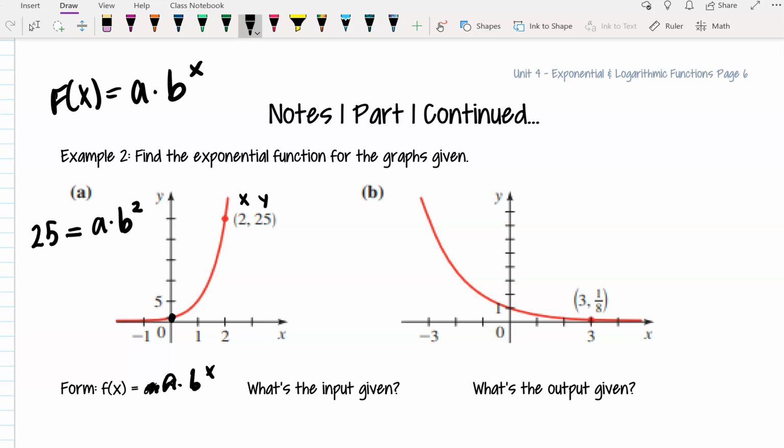So you need to ask yourself, what squared would give me 25? And because this point down here is (0, 1), a is just going to be 1, so it goes away. We shouldn't really have any that are where a is different, but if we do, we'll talk about it.